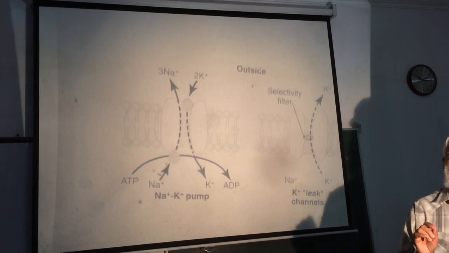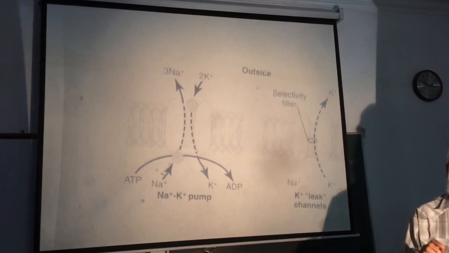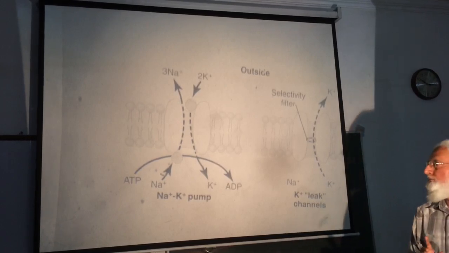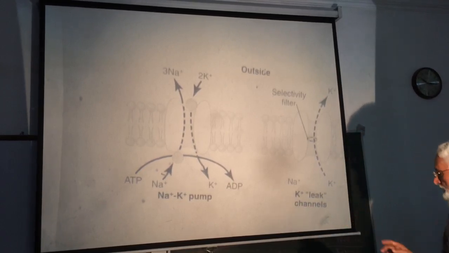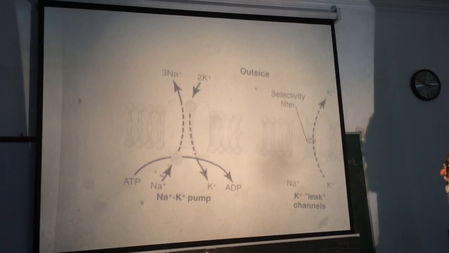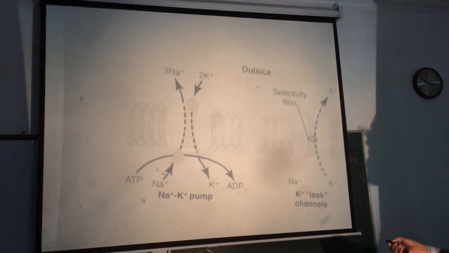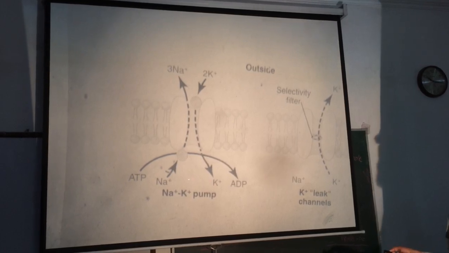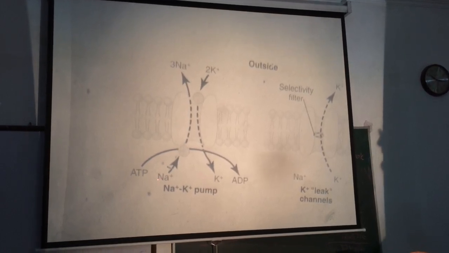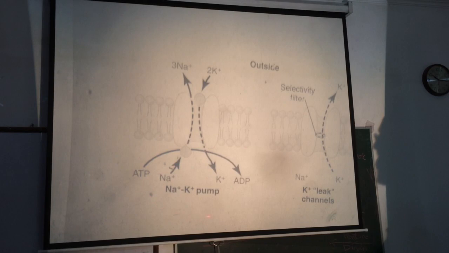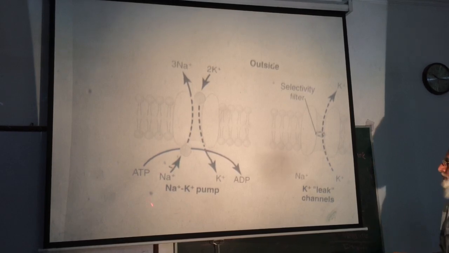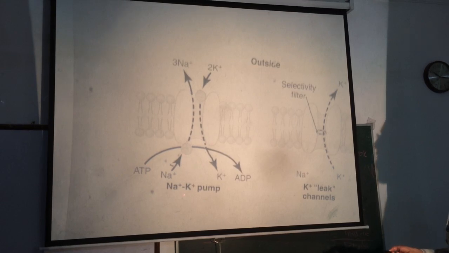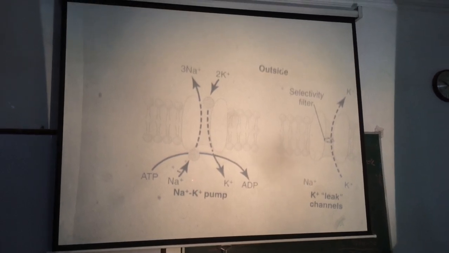The activity of the sodium-potassium pump is also involved in the resting membrane potential. You see that 3 sodium ions are pumped out while 2 potassium ions are pumped in. Right? And this generates electronegativity inside the nerve fiber or muscle fiber to give the resting membrane potential.